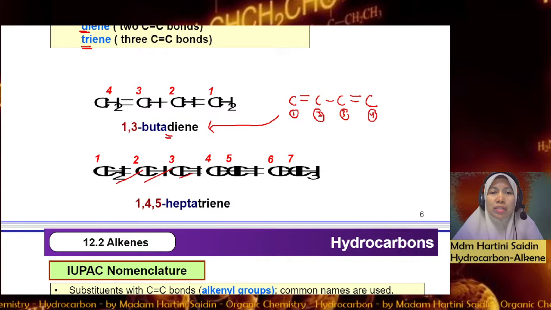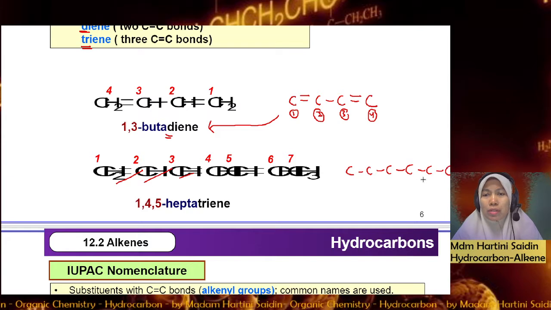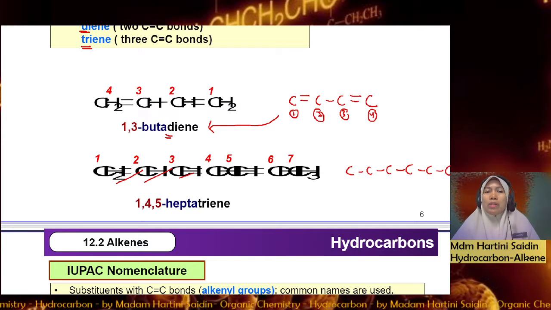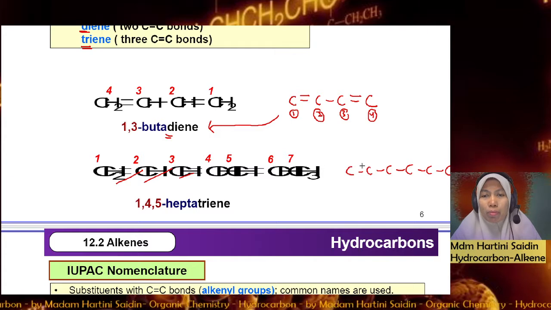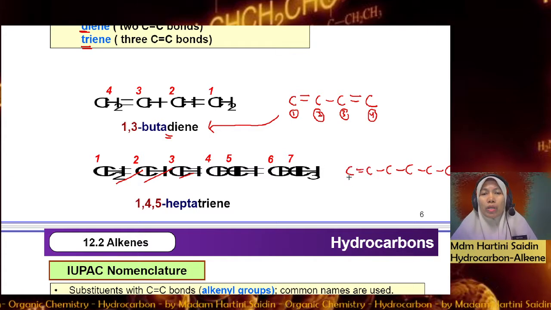So dia bertindih di sini. So 1, 2, 3, 4, 5, 6, and 7. Now the position of carbon-carbon double bond is at carbon number 1. It's at carbon number 4. Okay, 1, 2, 3, 4.